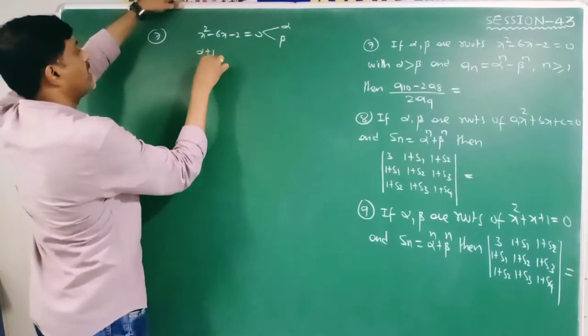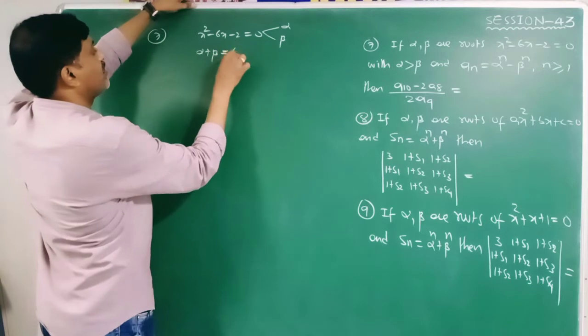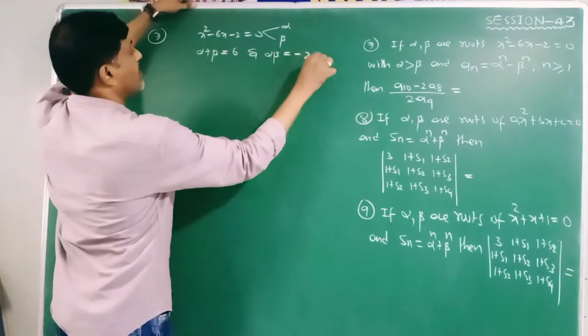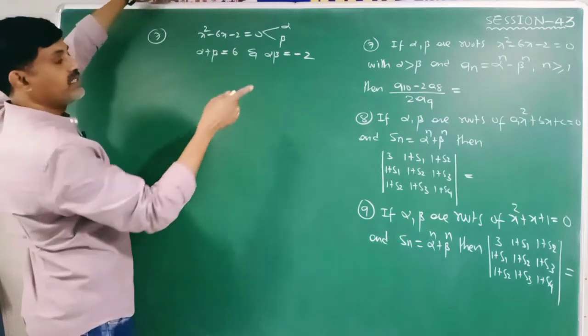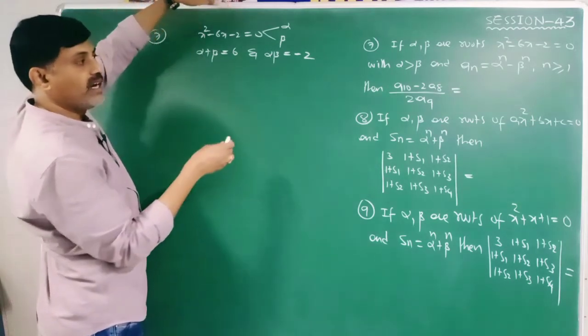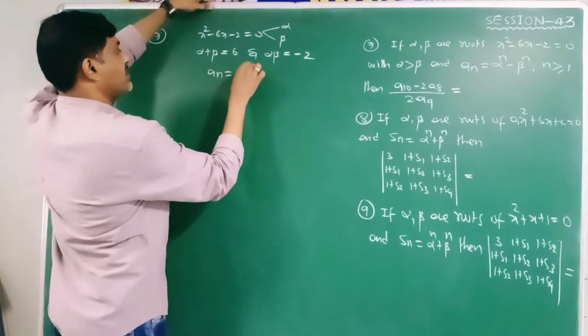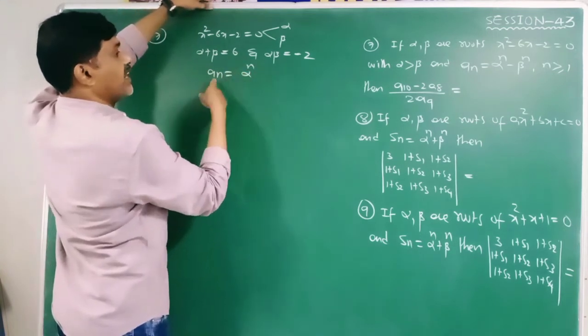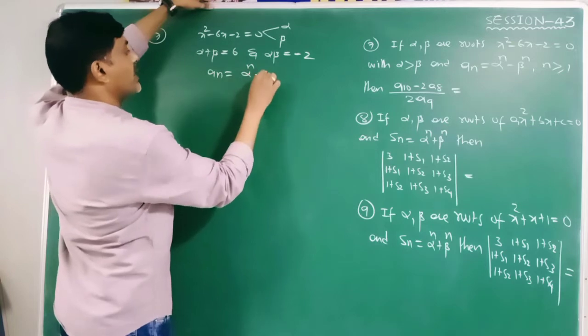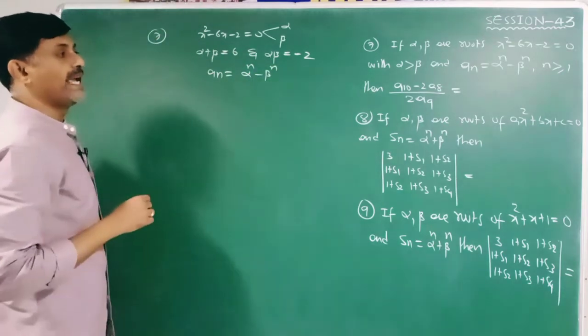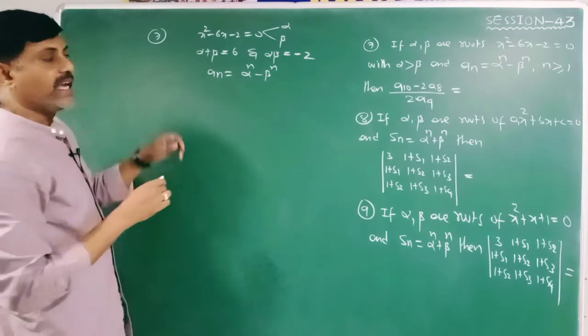From this we can write alpha plus beta is equal to 6, and alpha beta is equal to minus 2. With alpha more than beta, a n is equal to alpha power n minus beta power n. Now we have to find (a10 minus 2a8) by 2a9.